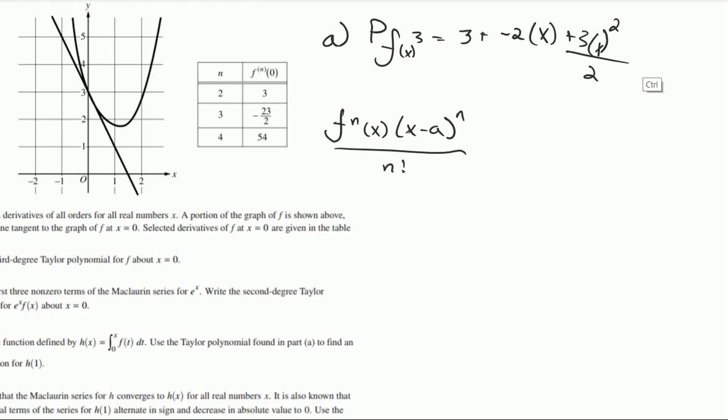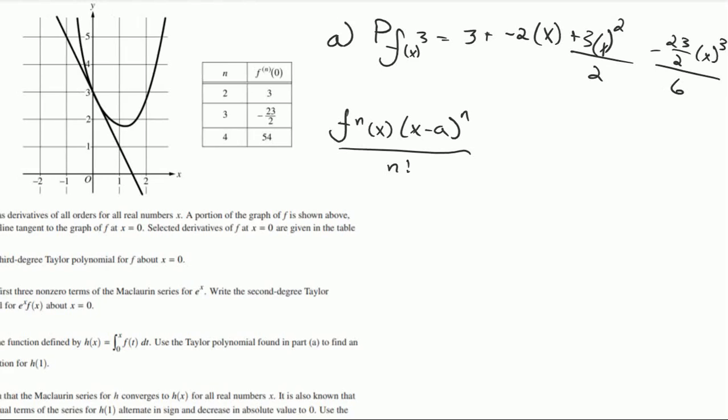It's actually negative 23 halves times x to the third over 6, because that's equal to 3 factorial. All right, that's that. Or is it? No, it's not. We still have more parts.